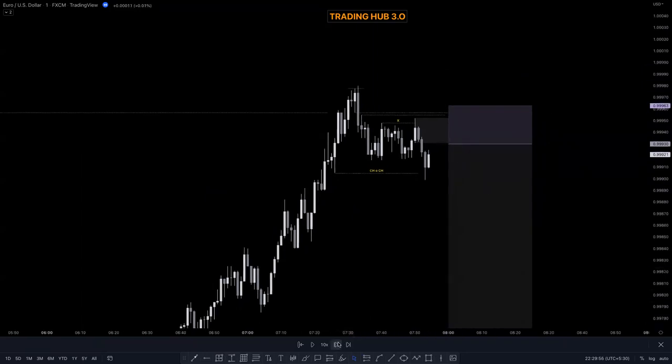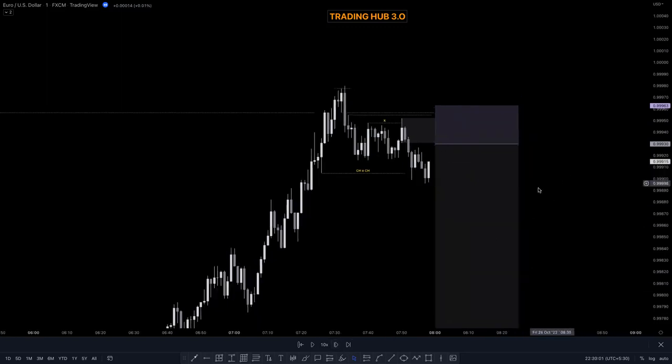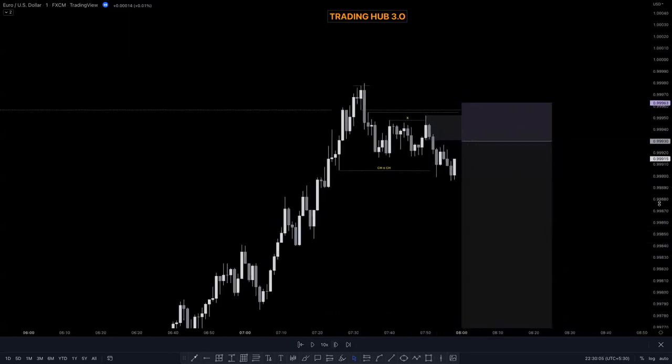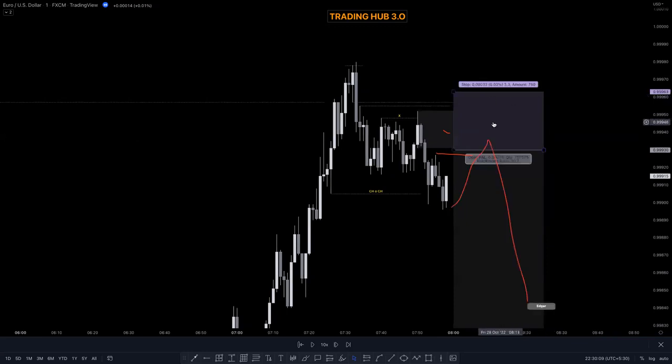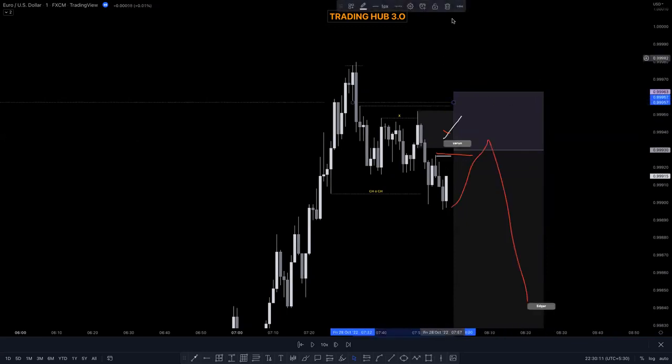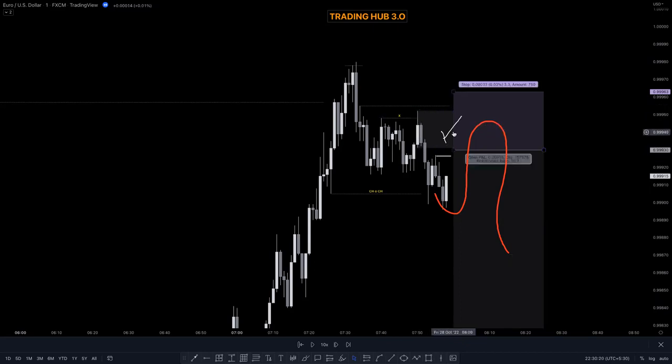And let's see what happened next here. Okay, so now which area is more high probability? This one, exactly. And now the extreme one is not as valid because this high acts like an inducement, and this order block is valid here for the sell, right?